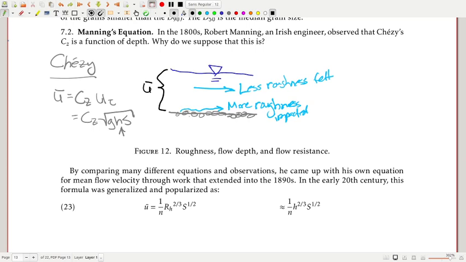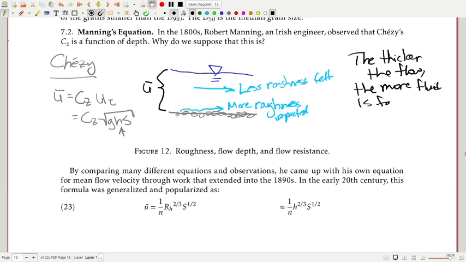So what that means then is that the higher the flow is, so the thicker the flow, the more fluid is farther from the rough no-slip boundary, which is the bed.